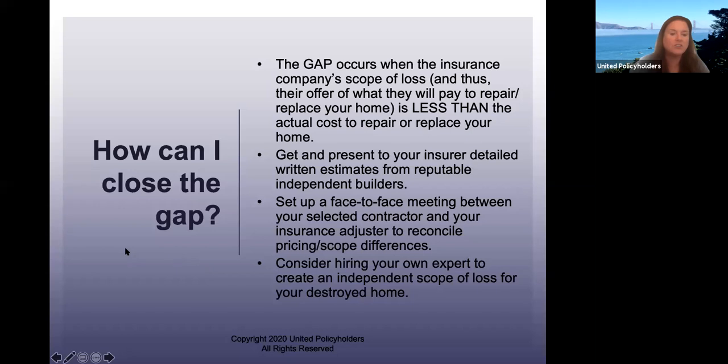Iris asked, what did the insurance contractor do that was reprehensible? So this is what they do. The insurance company's contractor says the loss is going to be $100,000 to do X amount of work. The policyholder goes out, gets some contractor bids, and everything's $200,000. She can't find somebody, sends it to the insurance company. They say, nope, we have somebody who can do it for 100. Now they're not supposed to do that. That's not allowed, but they do it all the time.